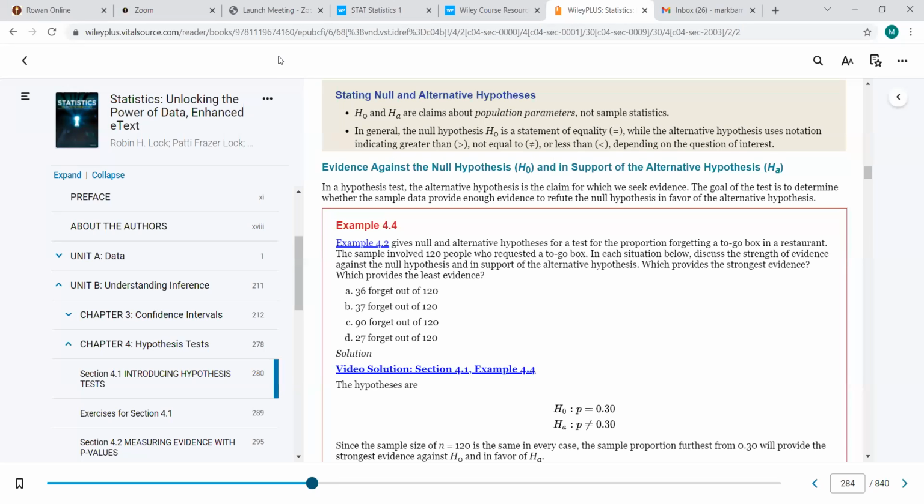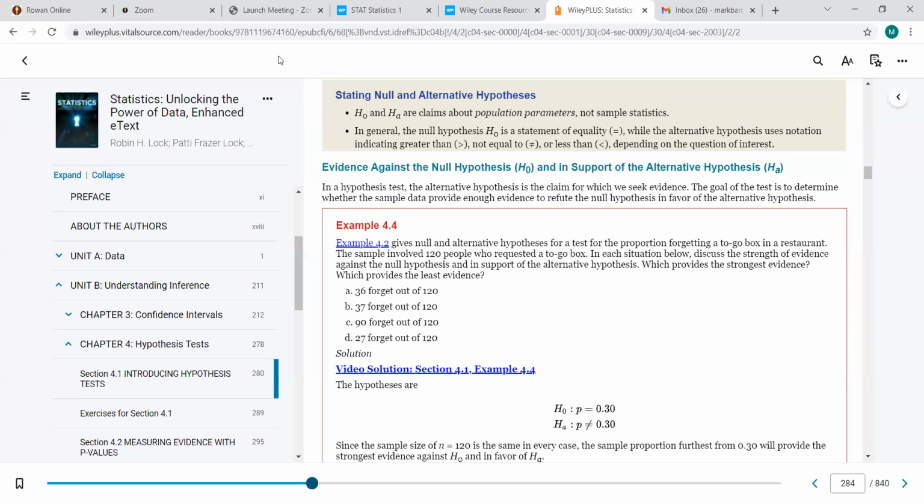So here's the whole idea. We're looking for those extreme answers that are different than the null hypothesis. Those that are more extremely different than the null hypothesis in our sample support the idea of rejecting the null hypothesis. Anything that's close to 0.3, we have to do some sort of statistical test because we're not quite sure if it's far enough away.